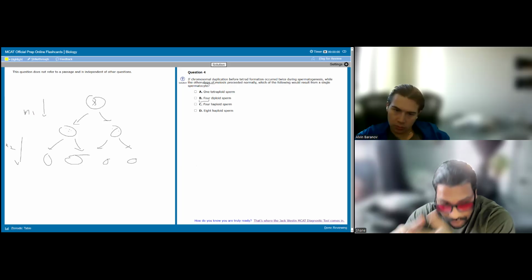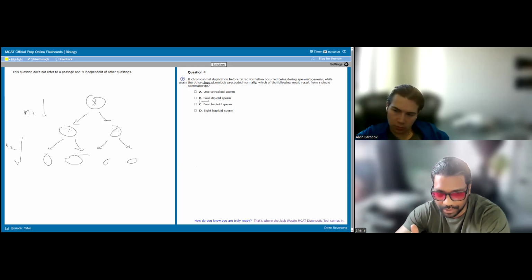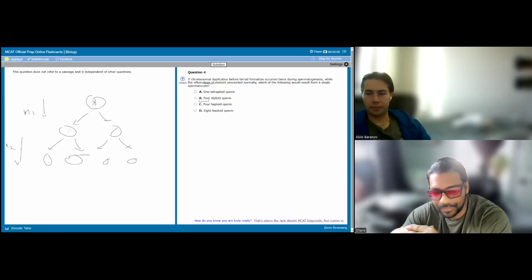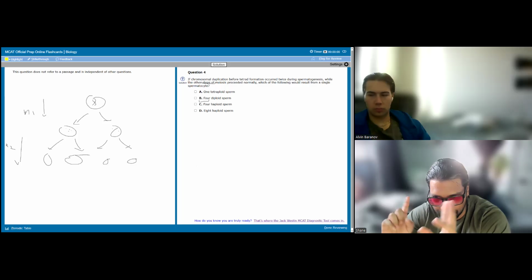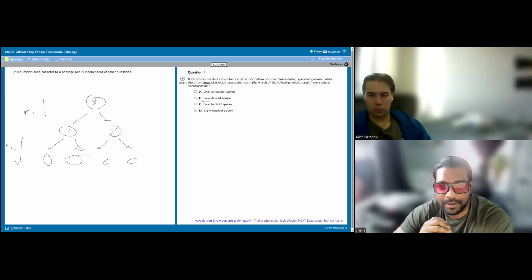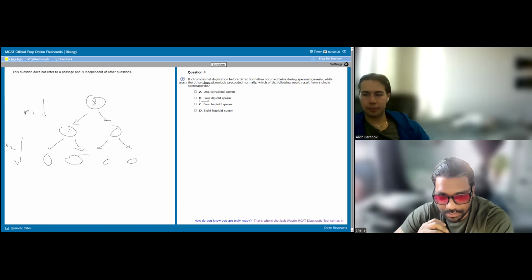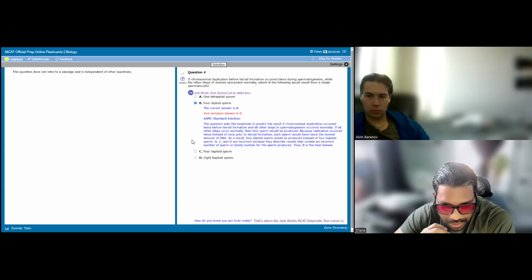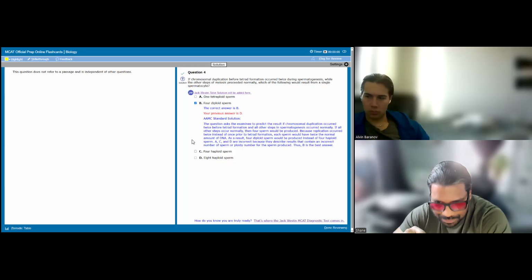Just like mitosis would give you two cells from one, meiosis is just doing that twice essentially. From one cell you get two, and then from those two cells you get four. The only thing that's different is that chromosomal duplication happened twice. So we should just get four diploid sperm. Chromosomal duplication happened twice, but all other steps happen normally.